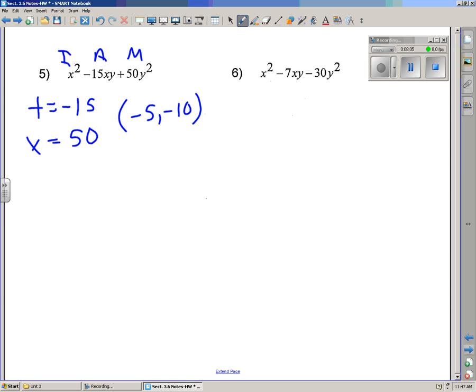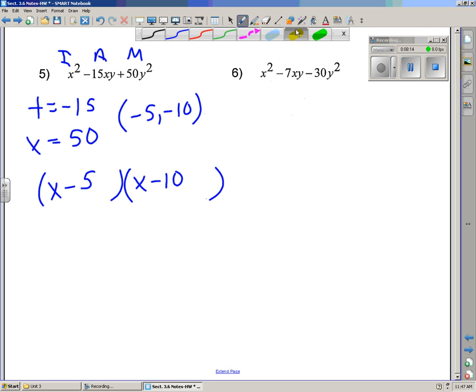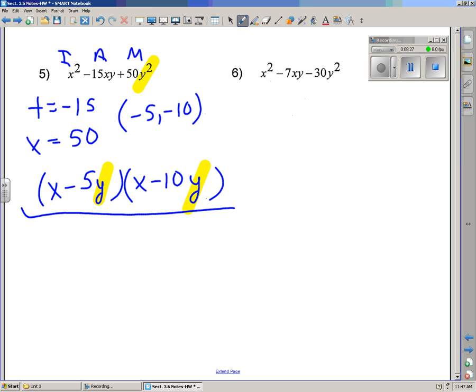So you started off the way that you normally would. You've got an x minus 5 and then you've got an x minus 10. But what's different is the fact that you've got this y squared on the end, you have to split that y evenly on the end. So you're going to be putting in a y on the back of those values that you found. This is the right answer.